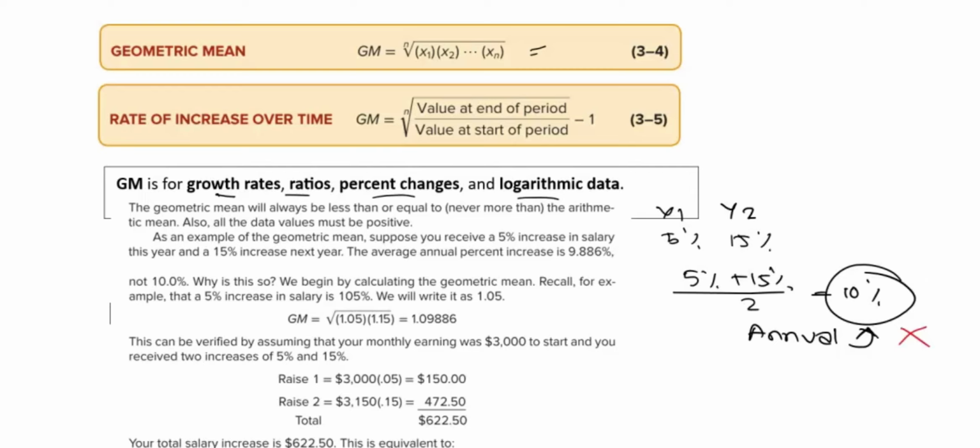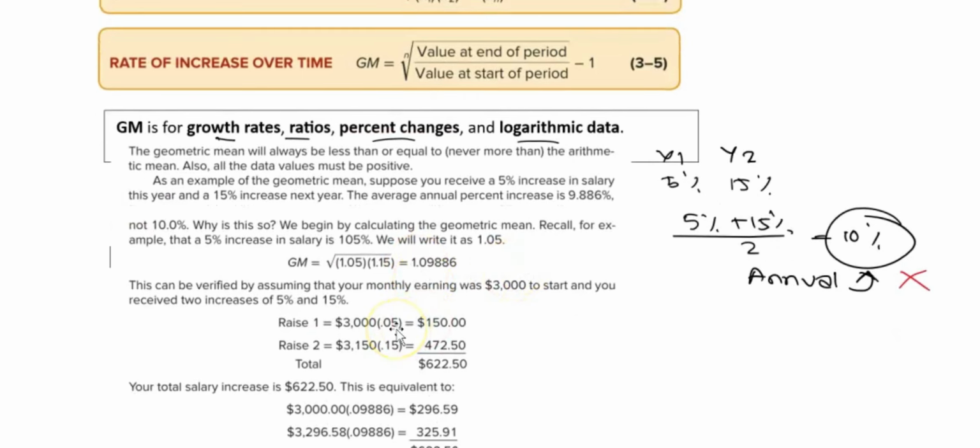We'll show why. দেখা যাক, for example আমাদের যদি প্রথমে 3000 টাকা থাকতো, 3000 টাকার 5% increase হচ্ছে 150, তাহলে if we add that with the 3000 it's 3150 টাকা, and পরের বছরে যে 15% increase, if we multiply 0.15 it would be 472, so the total change in dollar amount here is 622.50.